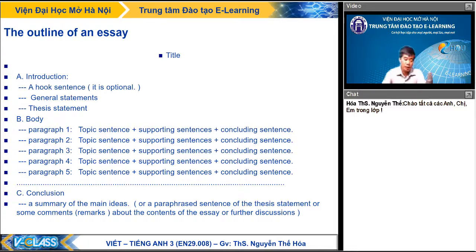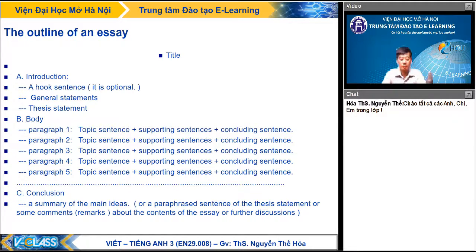So, and the next part, this is called body. In the body, we may have several paragraphs. The number of paragraphs depend on the structures of the thesis statement. You should know that each paragraph should contain one main idea.